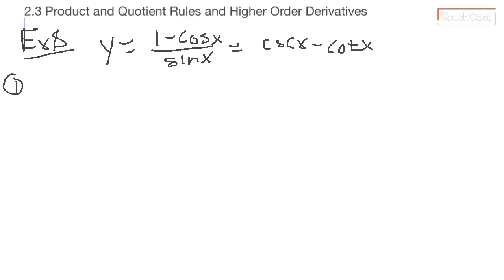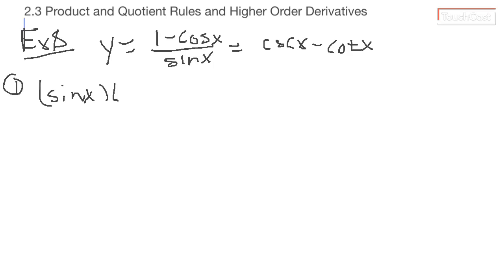Let's just always say rule of thumb, we'll let the top be our f and the bottom be our g. We're going to take the bottom, sine x, and multiply that by the derivative of the top. If we take the derivative of the top, 1 minus cosine x, the 1 is gone.